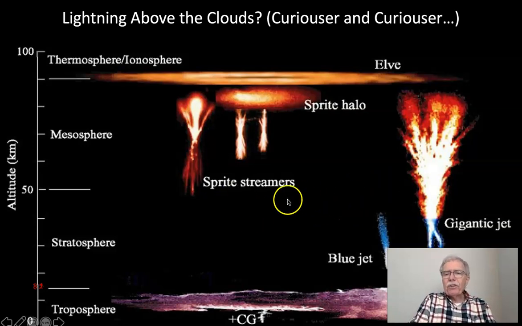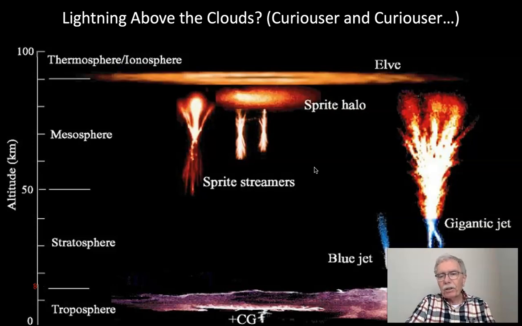This represents energy release that is far greater than anything released by lightning traveling from cloud to ground. And so there is an electrical connection between the top of the thunderstorm cloud, the tropopause, and all the way up to the thermosphere. Not a whole lot is known about this right now.